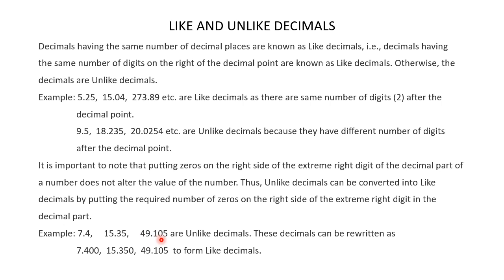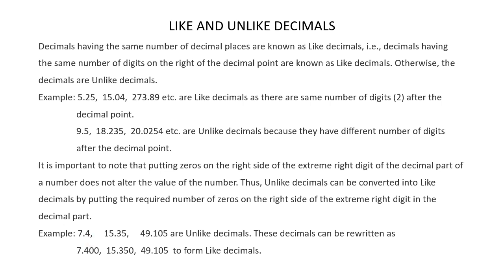Here it is 49.105. This number has three digits after the decimal point. So now to make 7.4 a like decimal of 49.105, this 7.4 has to have three digits after the decimal point.